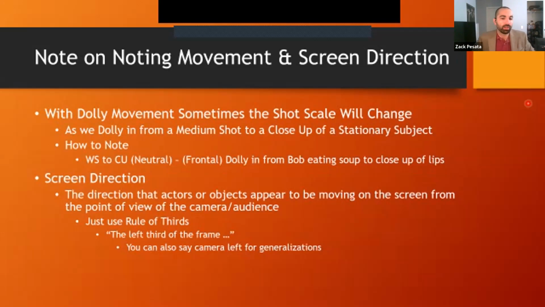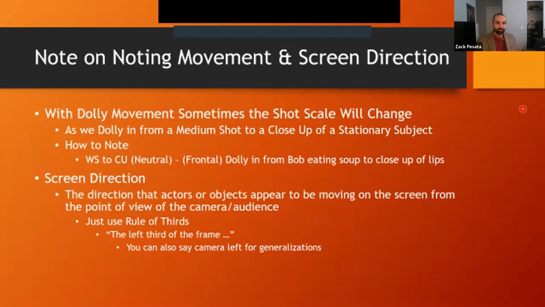Screen direction is the direction that actors or objects appear to be moving on the screen from the point of view of the camera audience. And you may have already heard me use notes like camera left, camera right. For the most part, just use rule of thirds, right? If you're breaking down a composition, just mention things like in the right third of the frame, etc. I only used camera left, camera right when we were talking about lighting because I didn't want to introduce that quite yet.